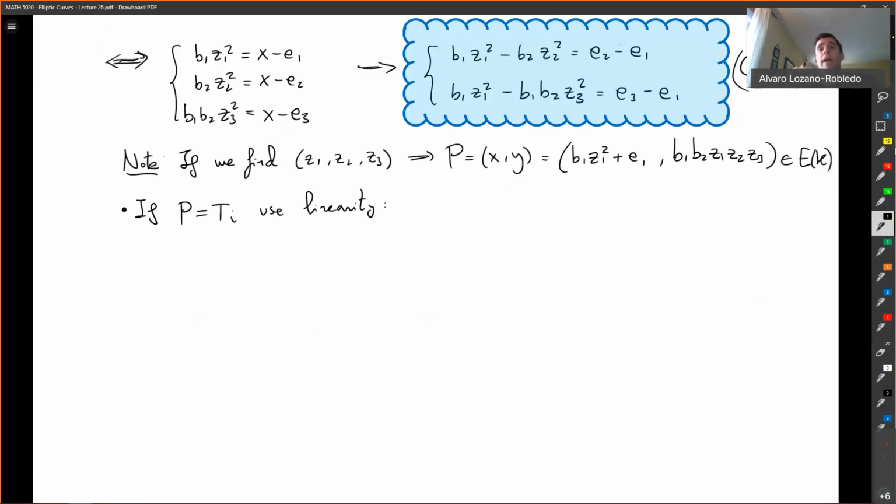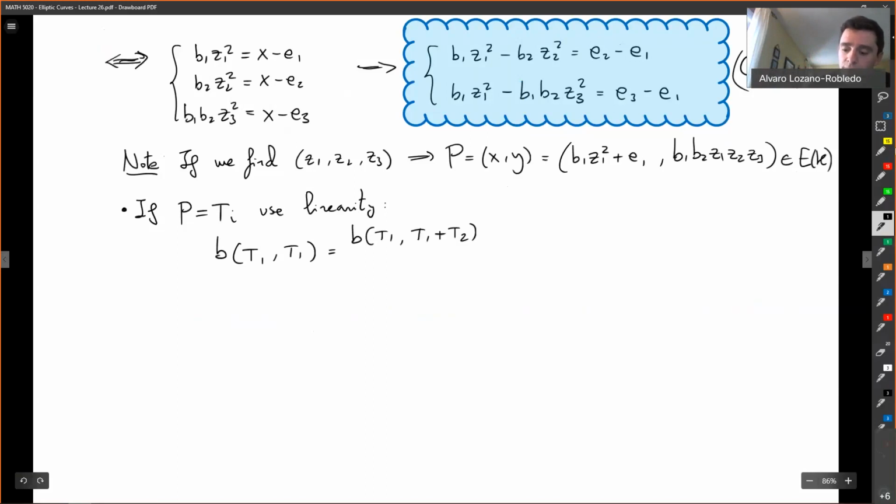The definition of the pairing, or the theorem, did not apply if P was one of the torsion points. So let's compute B of T1, T1. B of T1, T1 would be B of T1, T1 plus T2 over B of T1, T2 by linearity.